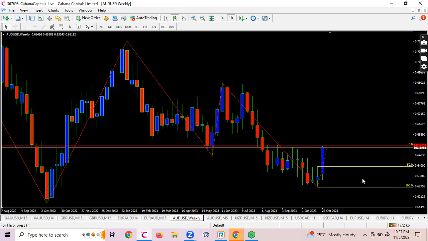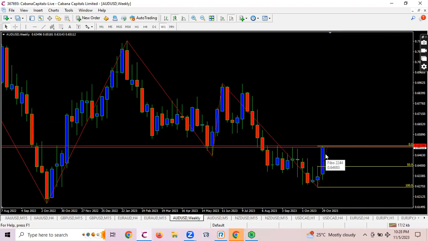The only reason you would want to buy Australian dollar USD at the current market price is FOMO, fear of missing out. That's the only reason a trader would consider buying Australian dollar USD or GBP USD at the current market price.